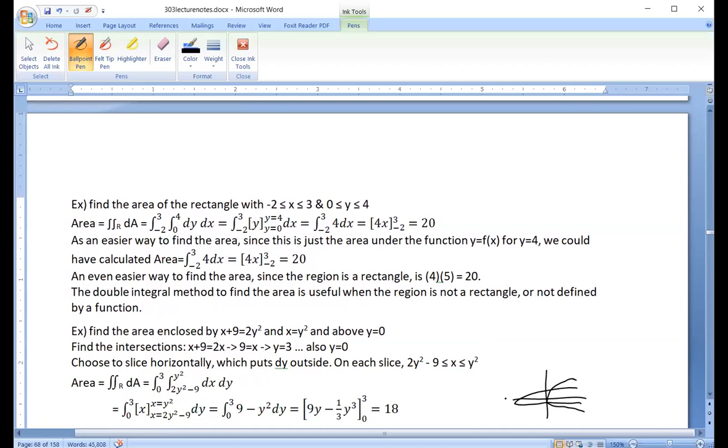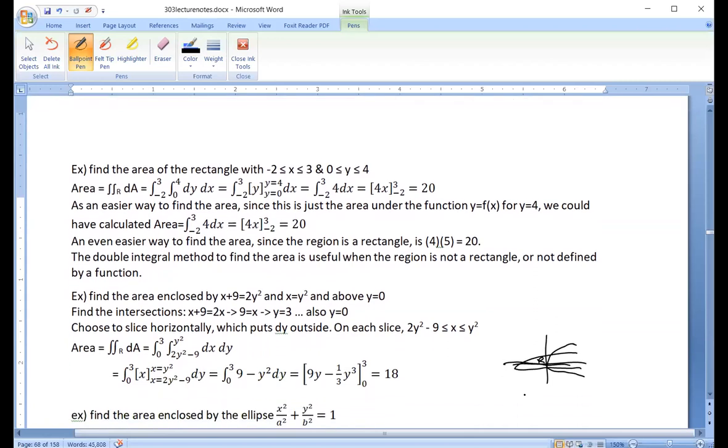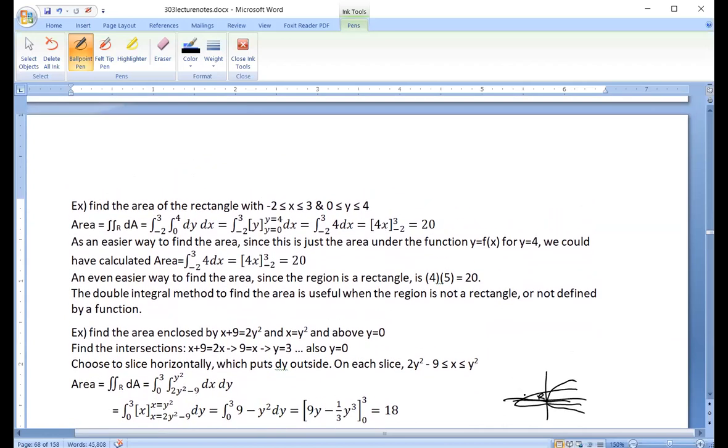We said above y equals 0, so our region is right in there. It's a very strange region. But setting up the double integral gives us a nice, clean, straightforward way to find the area of that region. It's not one that you'd want to do using single variable calculus techniques. Okay.